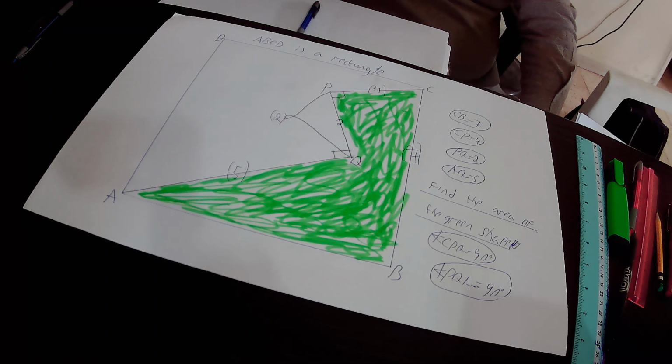So in the first step, we'll join point C and A together by a straight line.